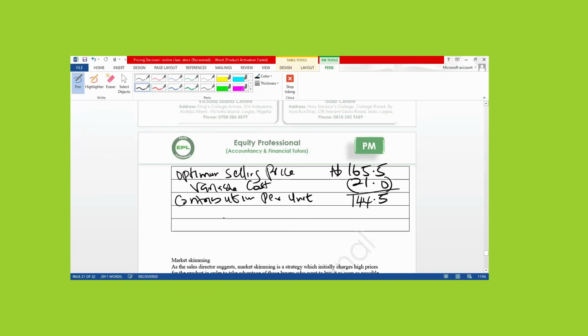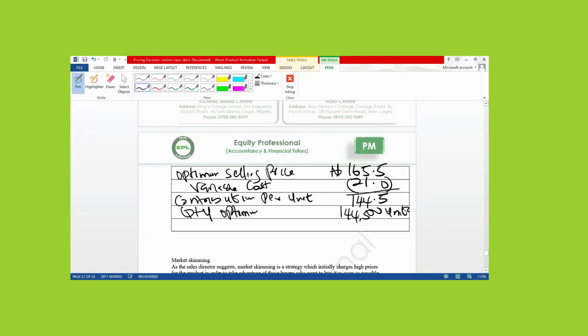Quantity sold: the quantity that will maximize profit. That is the optimum quantity. Remember, we have 144,500 units.